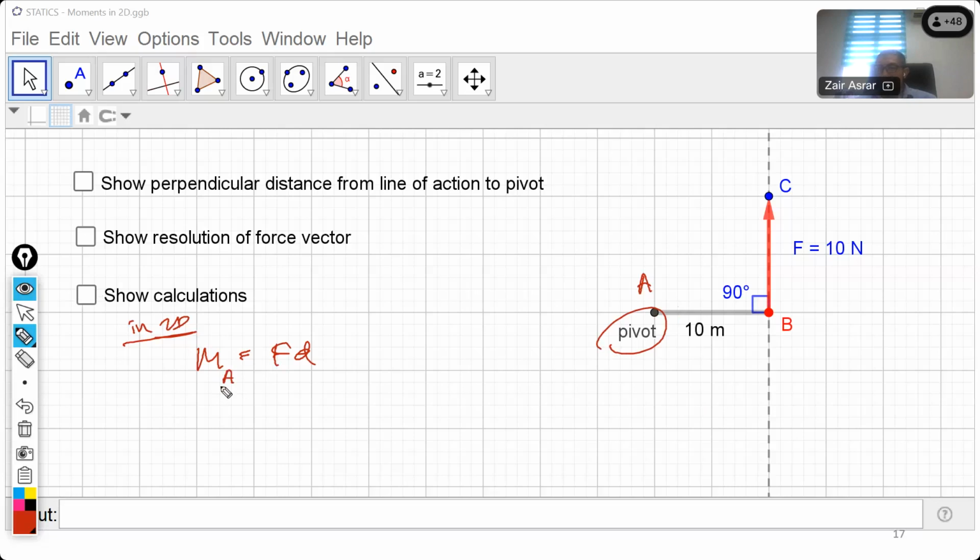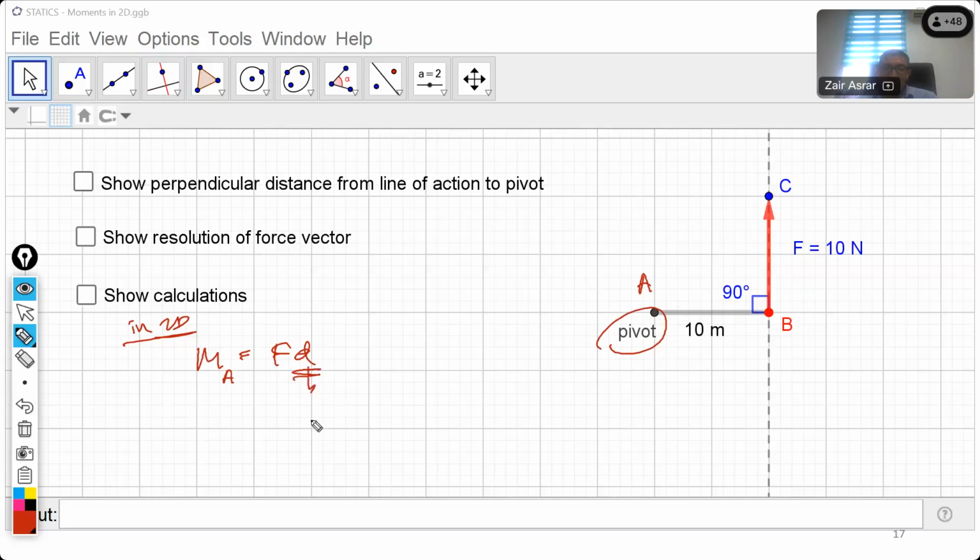If I take a different point, the moment will be different as well. Just for example's sake, I'm taking moment at point A. So this moment is the moment at A, and it is due to a force. Which force? This force of 10 Newton here. And this force times D. What is this D?